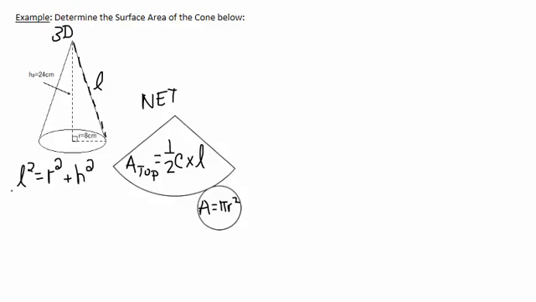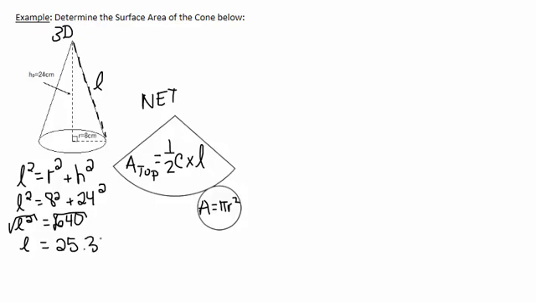This is just the Pythagorean Theorem. And then L squared is equal to 8 squared plus 24 squared. L squared is equal to 640. And then we take the square root of both sides. And L is equal to 25.30 centimeters.